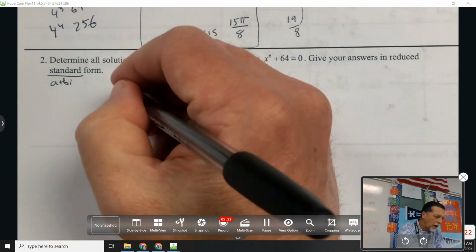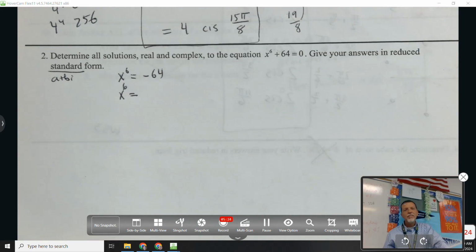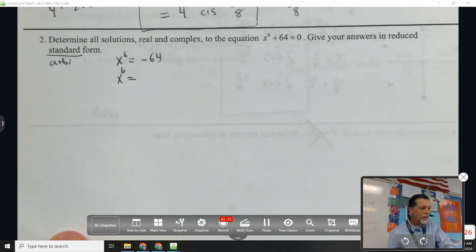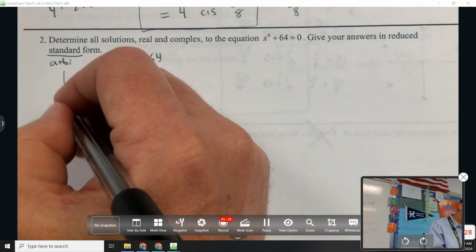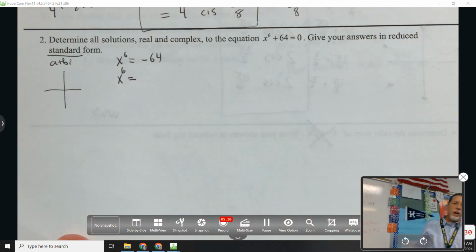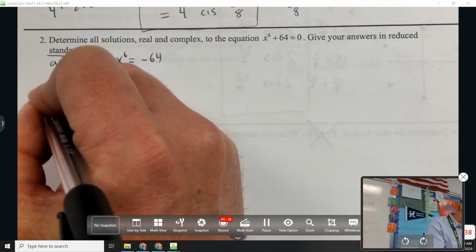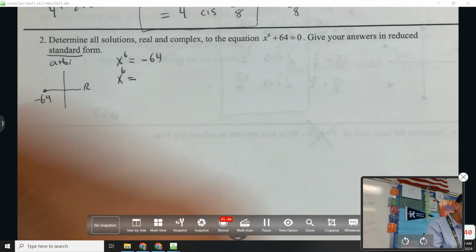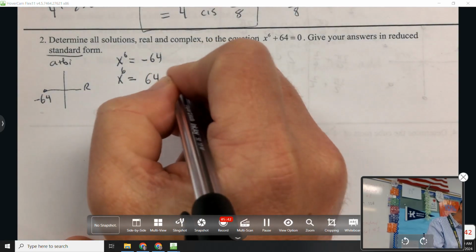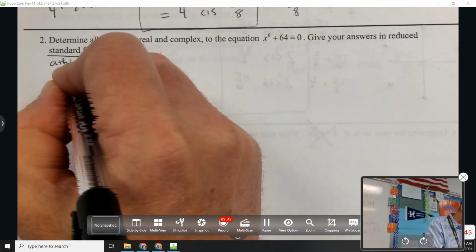But I would like to write that in trig format so that my trig tricks work easily. So where is negative 64? Up, down, left, or right? Left, because that's the real axis. So over here is negative 64. So the r is 64 and the theta is pi.